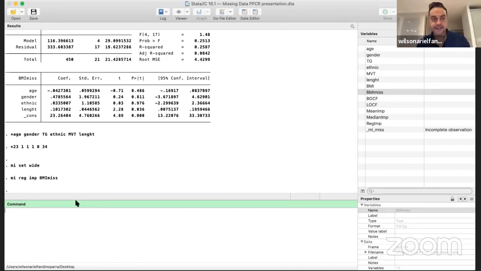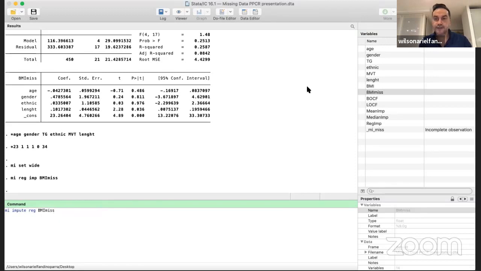So once you've done this, the next step would be to impute your data. Okay, so mi impute, and then again reg for regression, and then again you have to remember that the regression model is going to be constructed based on the BMI miss.